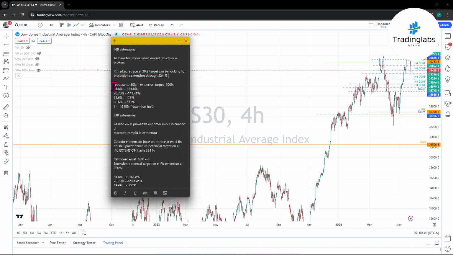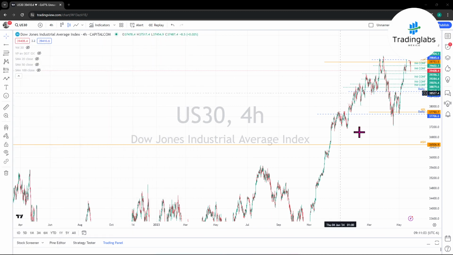And also, if the Fibonacci retraces to 50%, we have a potential 200 Fibonacci extension. If the retracement goes to 61.8, 70, 78.6, 80, we have that probability of this extension. You don't know what I'm talking about, but it's going to make sense right now, and I'm going to show you.